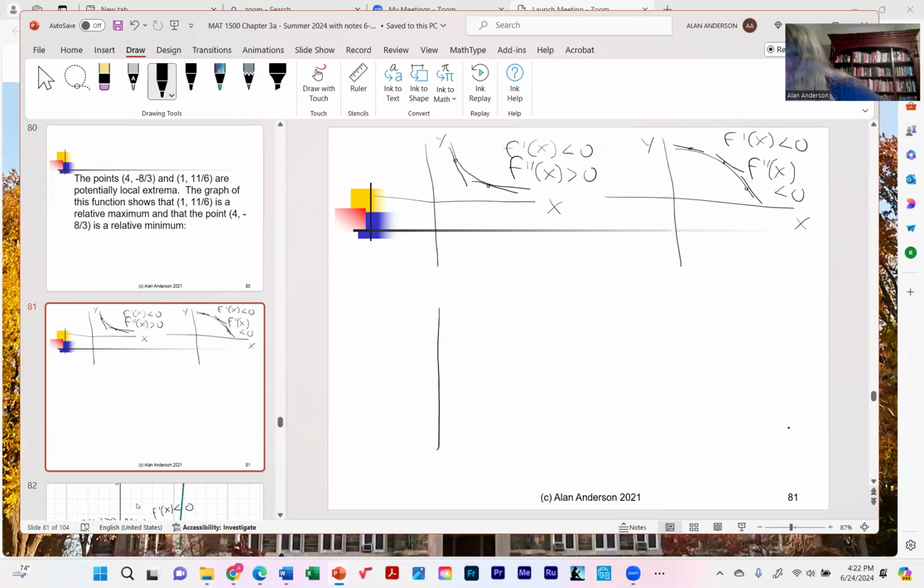Now let's try this one. Now, clearly, this one always has a positive slope. And not only that, but as we move to the right, the slope is becoming more positive. Means both derivatives are positive.